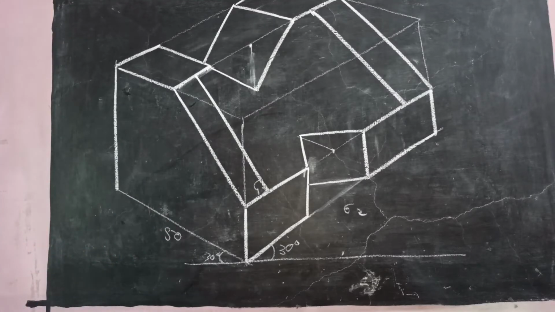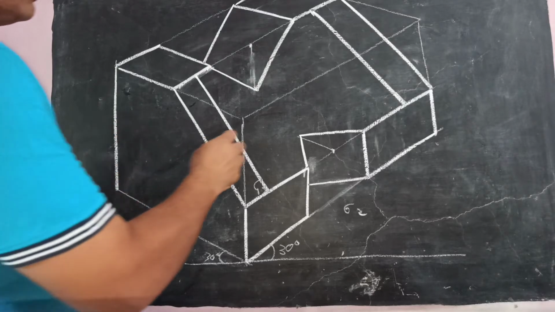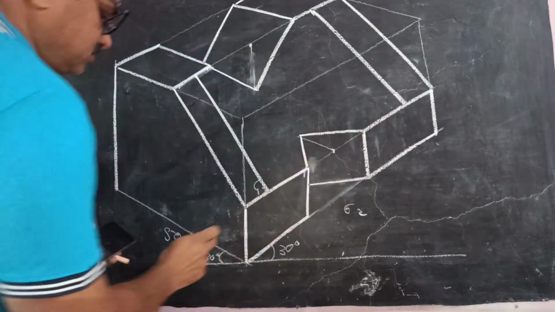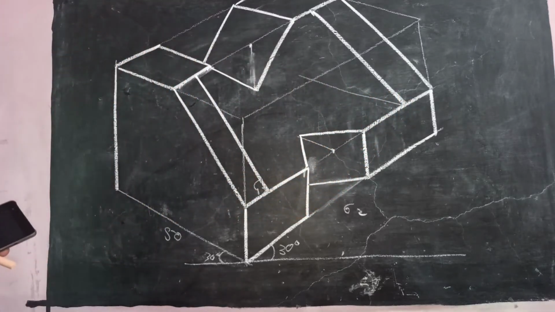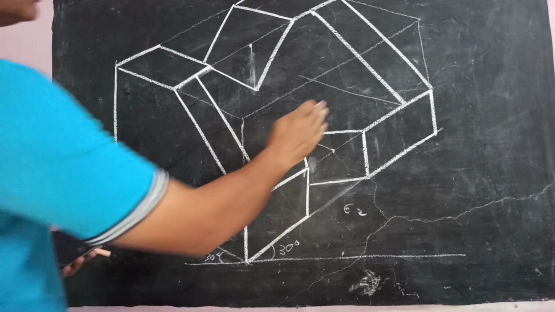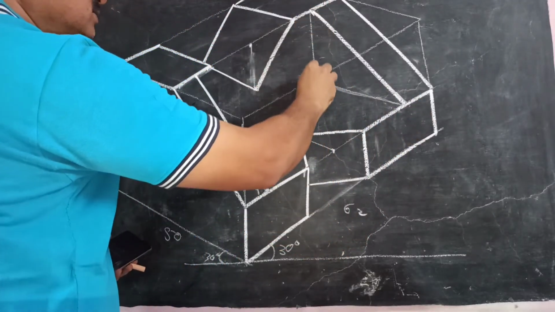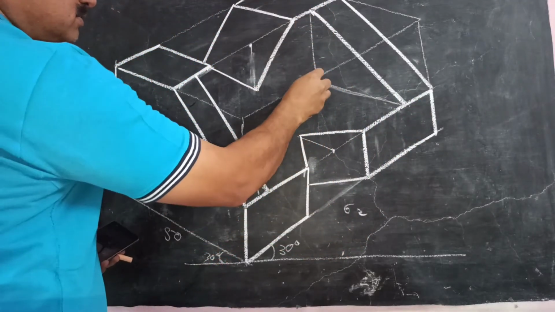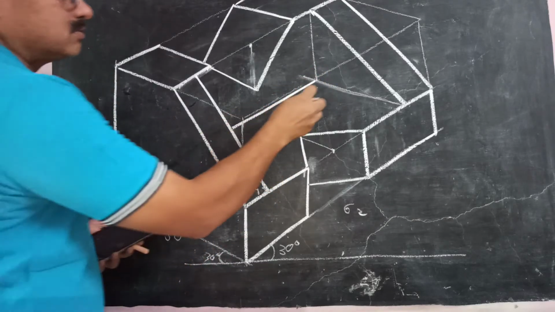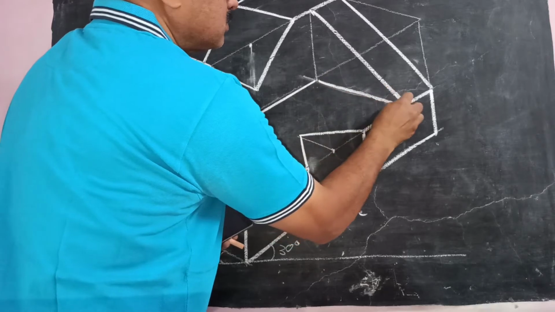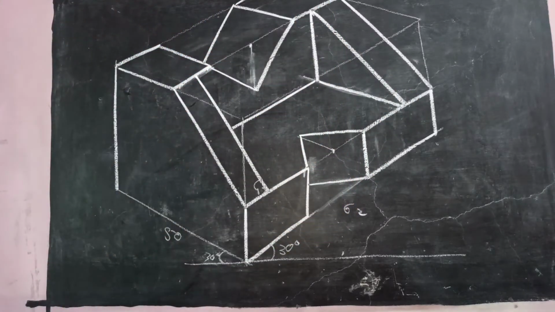Then to complete this, you can draw a line parallel to this from here. This should be parallel to this. Then this should be vertical, and then draw a line parallel to this.